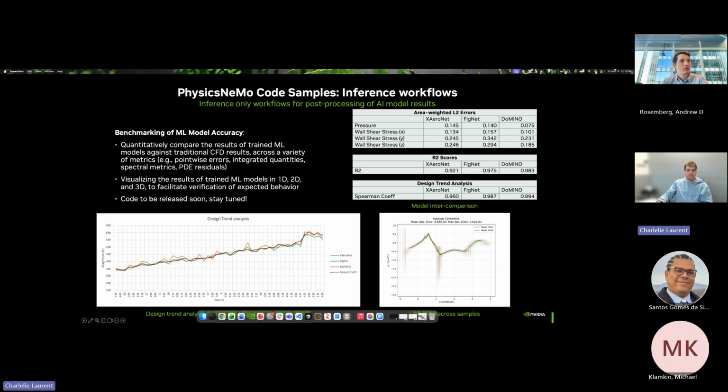I'm not sure this was very interesting, but this was some kind of validation of those different models for car aerodynamics, but for different quantities of interest, like the wall shear stress and all those things. So basically, quantities of interest that the model is not trained to minimize.